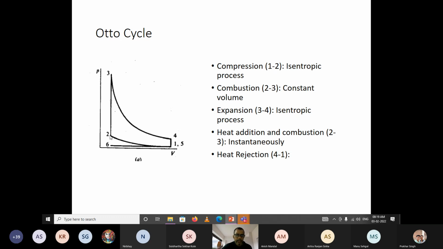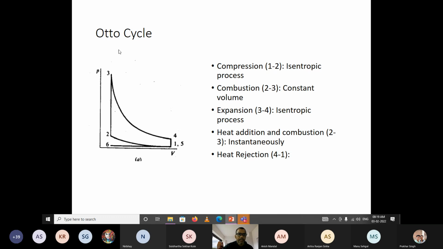When the piston is at point 2, heat is added here, and the combustion is taking place at constant volume. Because of that, the pressure and temperature are increasing, reaching point 3.